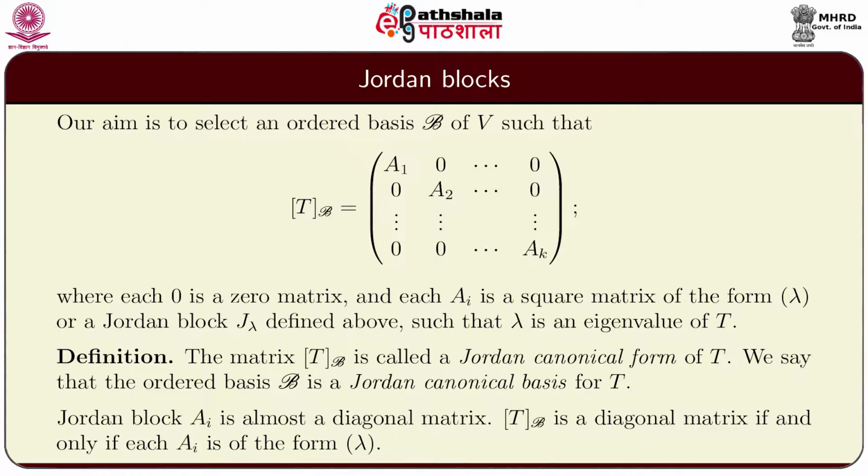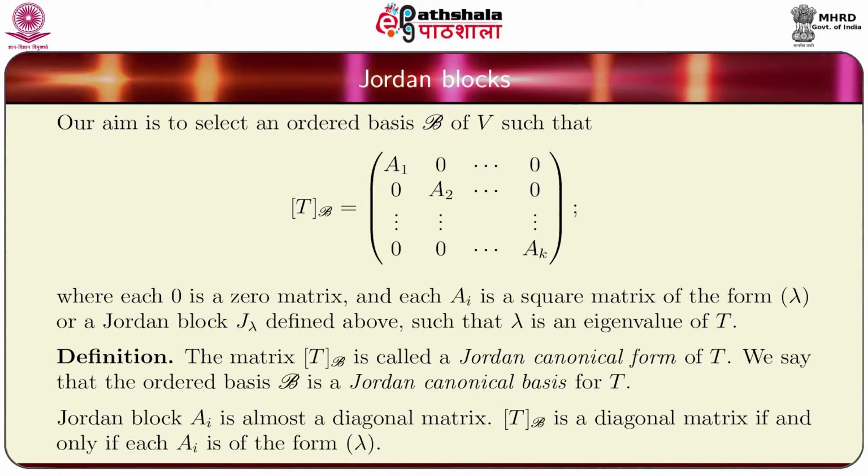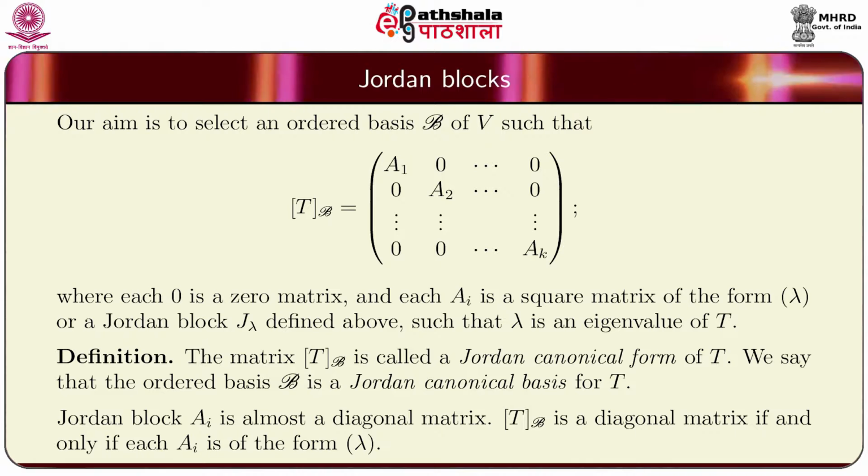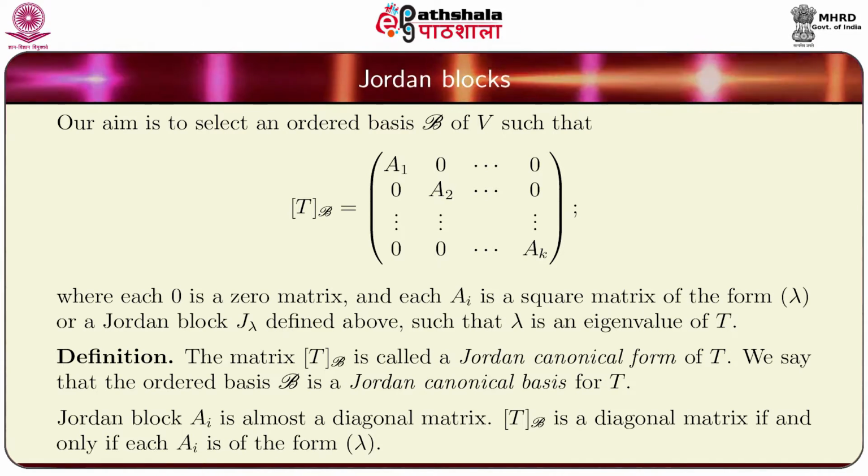Our aim is to select an ordered basis B for the vector space V such that the matrix representation of T with respect to this basis B takes this form, where these A i are matrices and these could be either 1 cross 1 matrix, that means a scalar lambda, or a Jordan block, and every other spot are the 0 matrices.